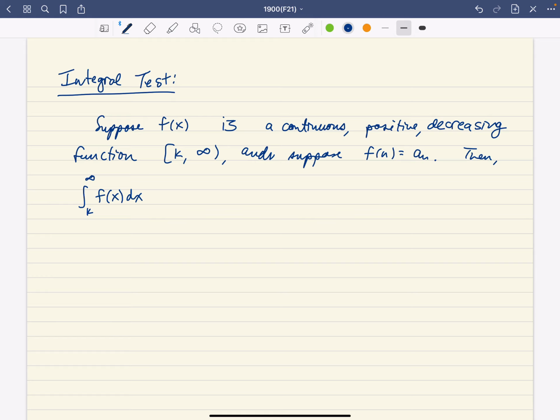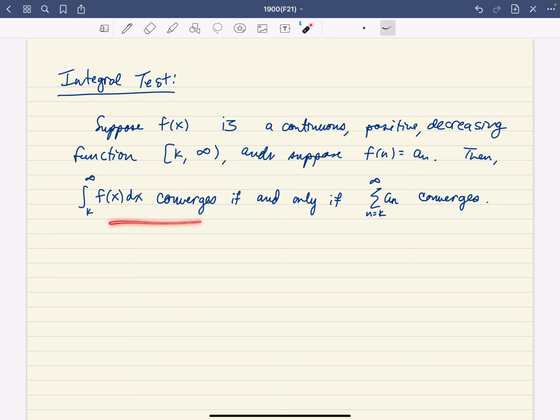Then it turns out that if f satisfies all these hypotheses, then the integral from k to infinity of f of x dx converges if and only if the series from k to infinity converges. When I say if and only if, this is a statement that goes in two directions.